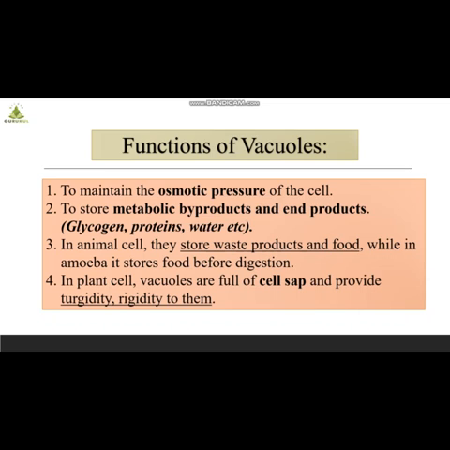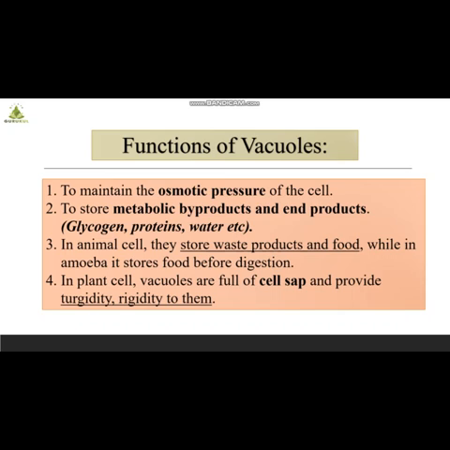The third point is that in animal cells, they store waste products and food, while in amoeba, it stores food before digestion. These are storage sacs, so they store waste products and food. Fourth point, in plant cells, vacuoles are full of cell sap. Cell sap is a liquid, and it provides turgidity and rigidity to them.